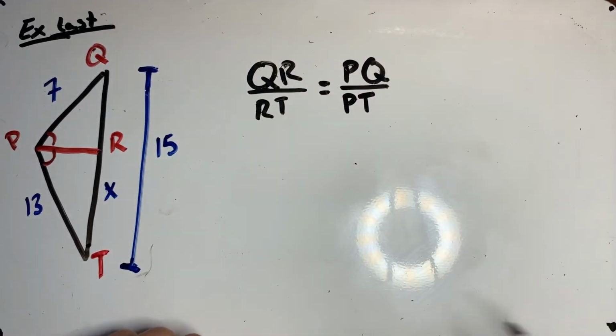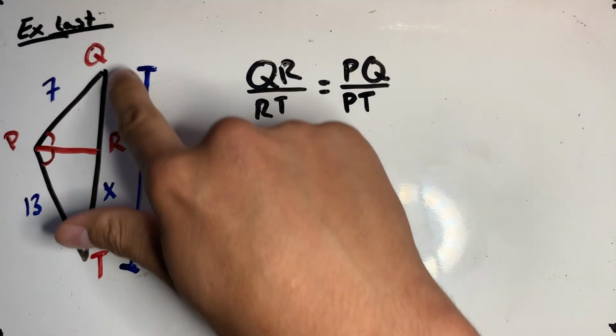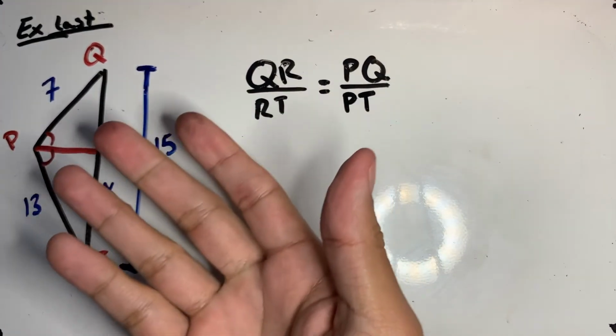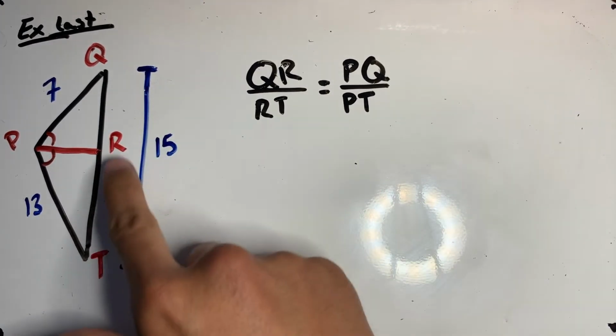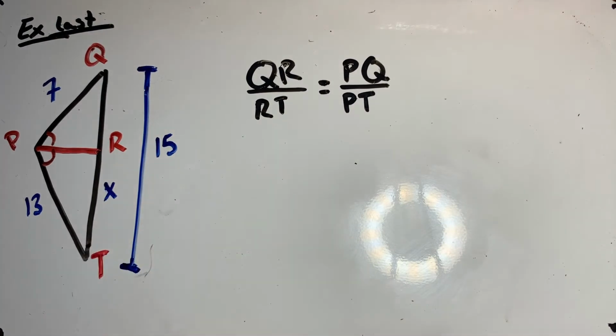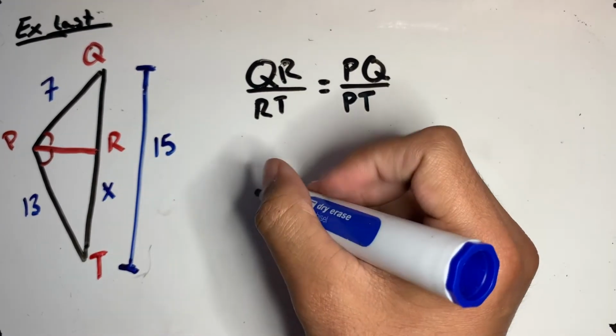All right, so how are we going to set this up? Well, first of all, QR, we don't really know what that is, right? That's kind of a question mark. We know RT is this value, this X value. So it's going to be RT.